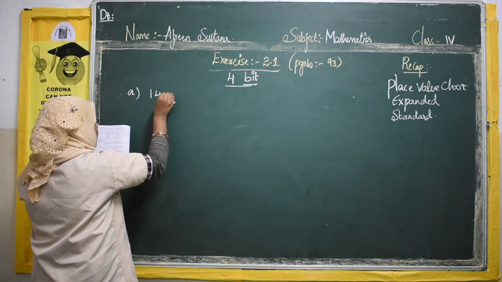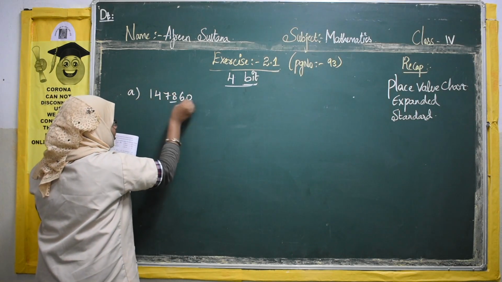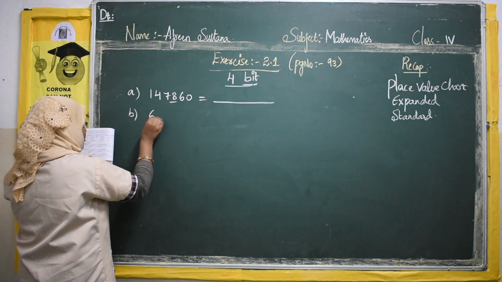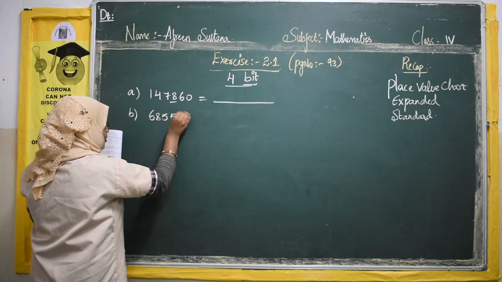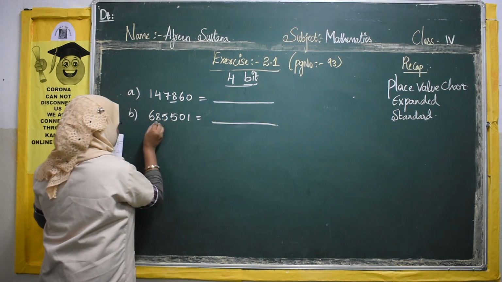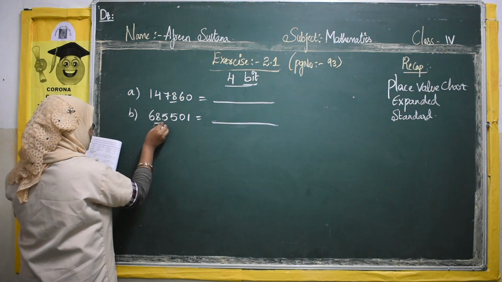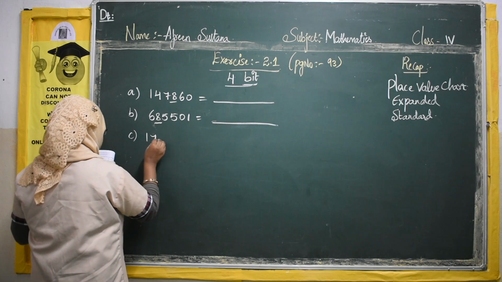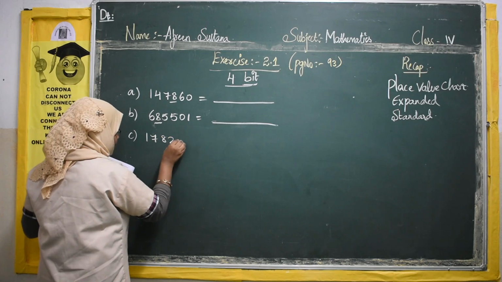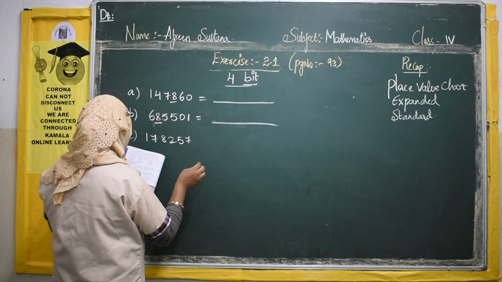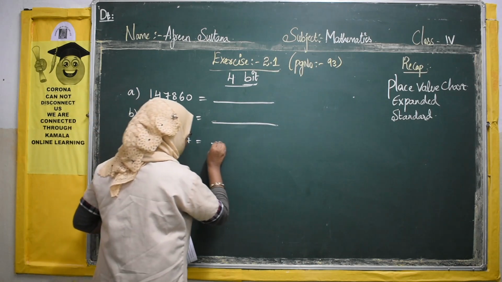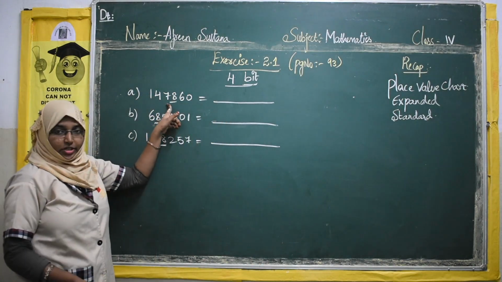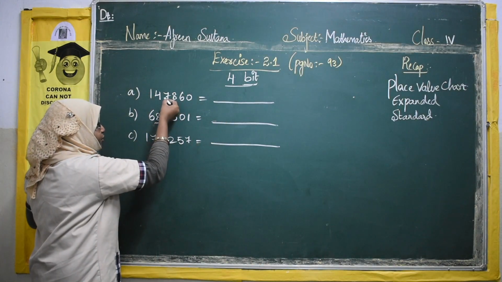1, 4, 7, 8, 6, 0. Now if you see, first we will count how many digits are there. 1, 2, 3, 4, 5, 6.